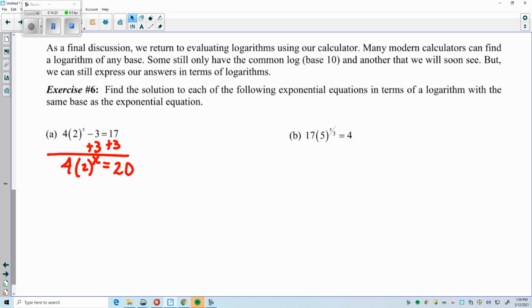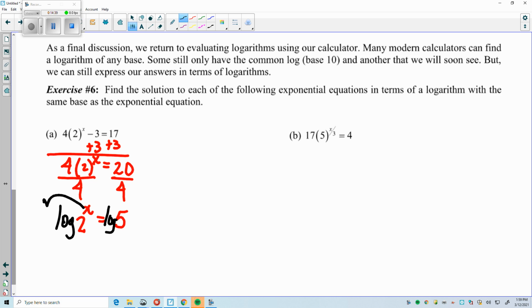Okay. Step 2, like we would have done up above, looks very similar. Divide through by 4. So now I have 2 to the x is equal to 5. Okay, so with our log laws, I could introduce a log, and that x comes down in front.